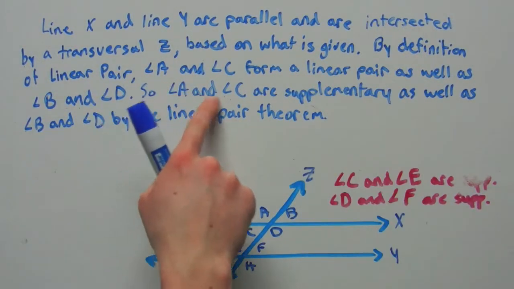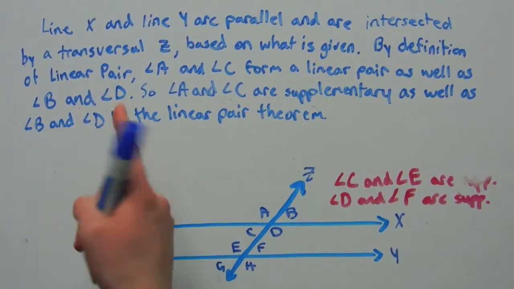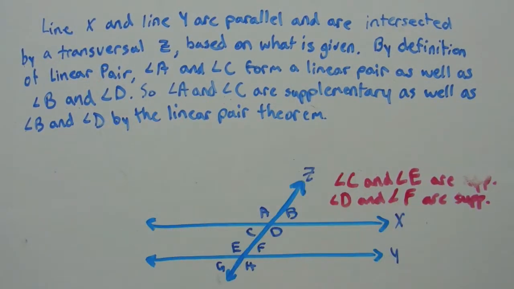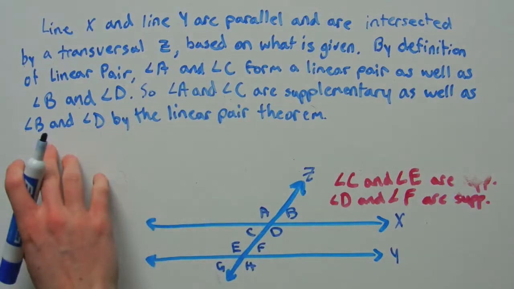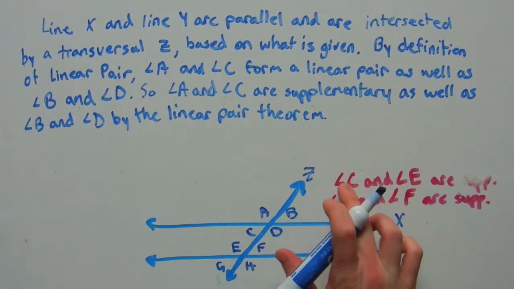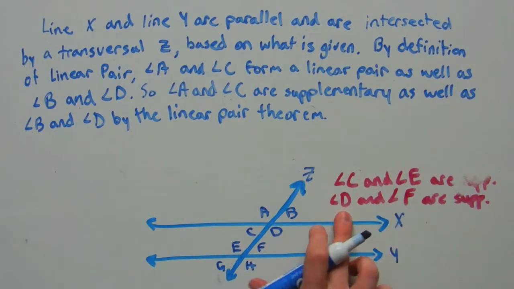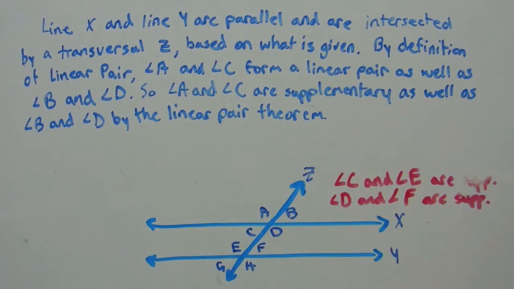So angle A and angle C are supplementary, as well as angle B and angle D, by the linear pair theorem. So if A and C are supplementary, and B and D are supplementary, we have to figure out how to get to angle C being supplementary with angle E, and angle D being supplementary with angle F.